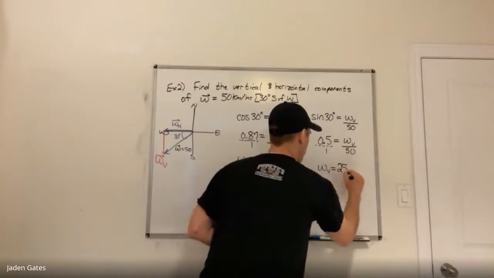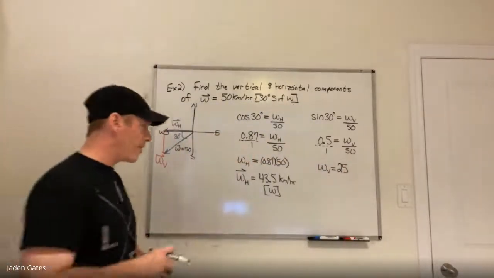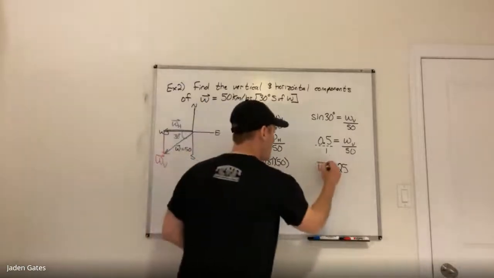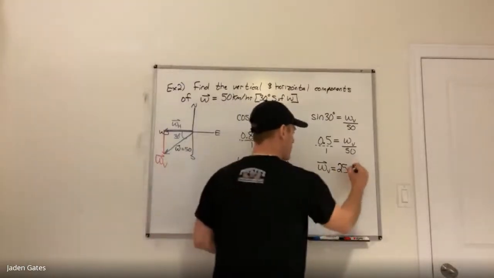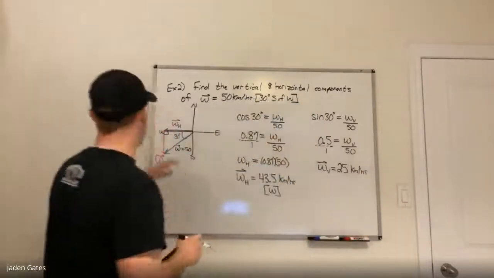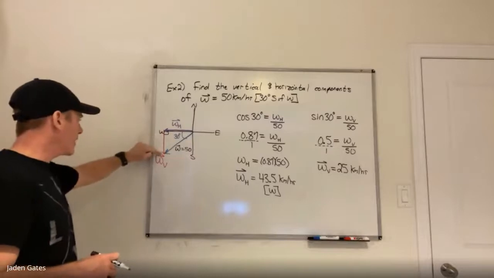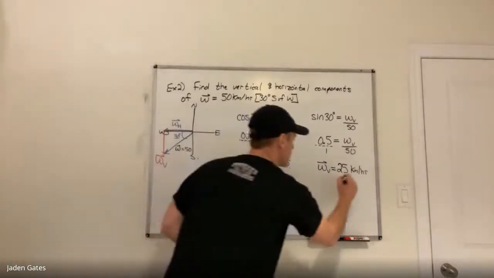But again, I want to express that vector, because it is a vector, as such. And so I'm going to add my units in. Again, it's kilometers per hour. And I look at my original diagram here. Which way is this vector pointed? It's pointed down towards the south.